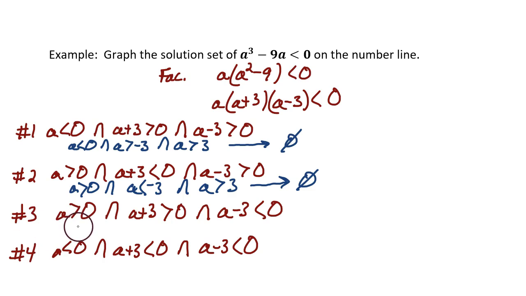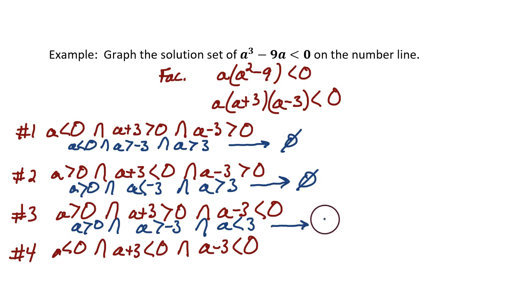Case number 3. A is greater than 0, and a is greater than negative 3, and a is less than 3. Let's think about what all these pieces are telling us. We need a number greater than 0, it's got to be greater than negative 3, and it's got to be less than 3.